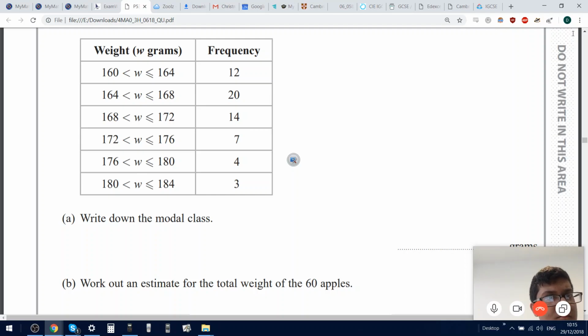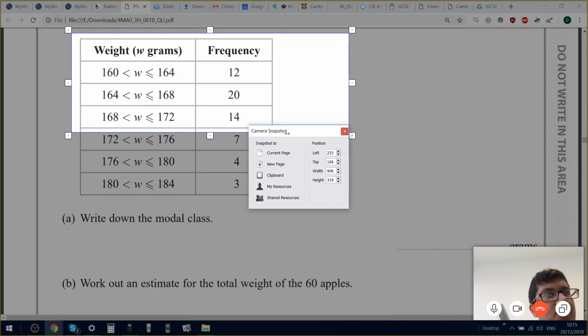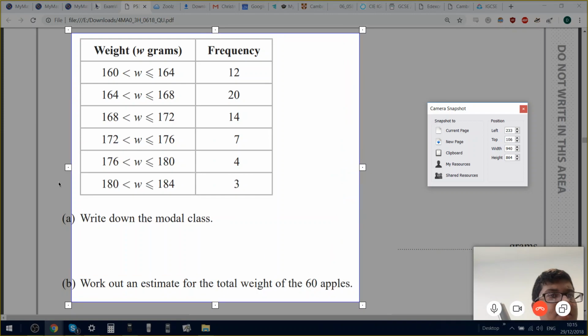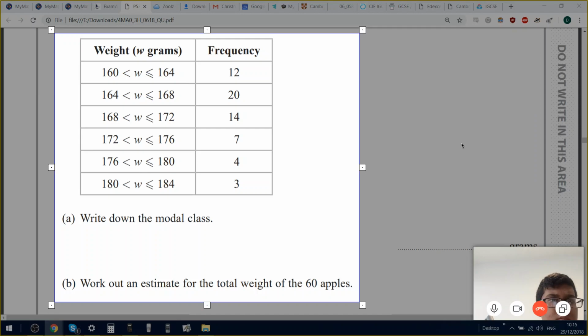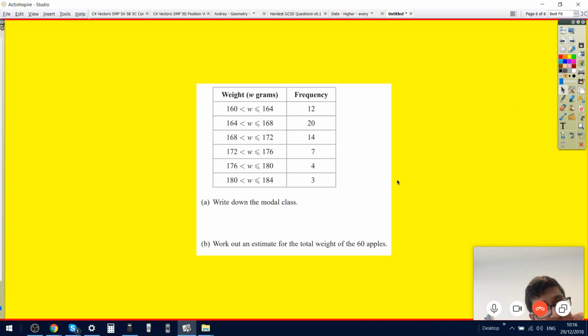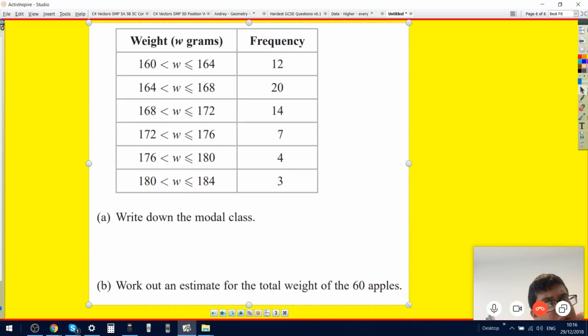Okay, how would you do B? Modal class. So basically the middle value, you add up, or the most common one actually. So that's 164 to 168. And how about B? Estimate for the total weight of the 60 apples. Yeah. Total is 60.